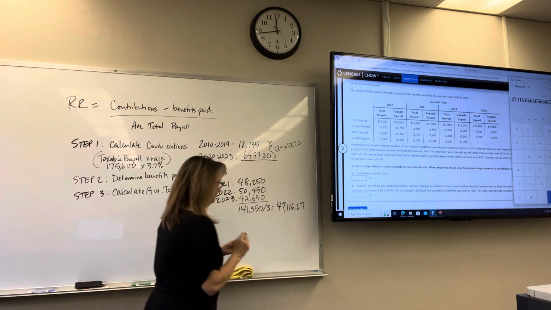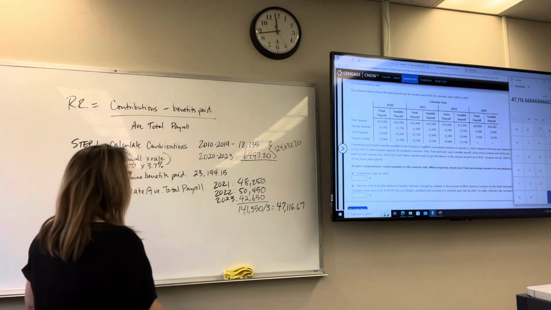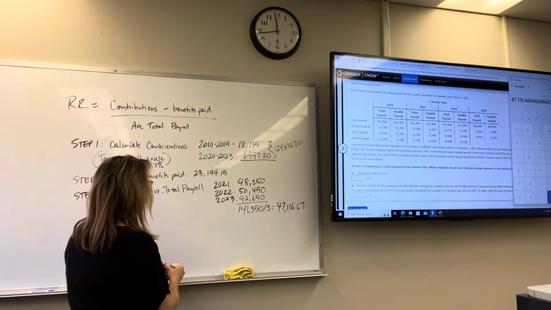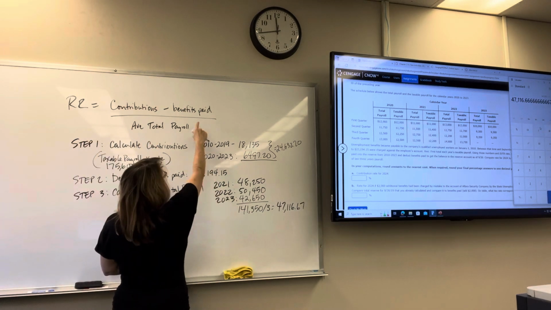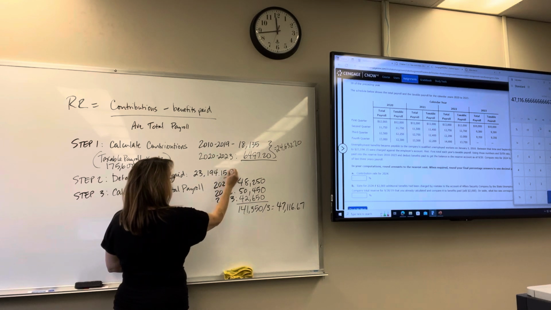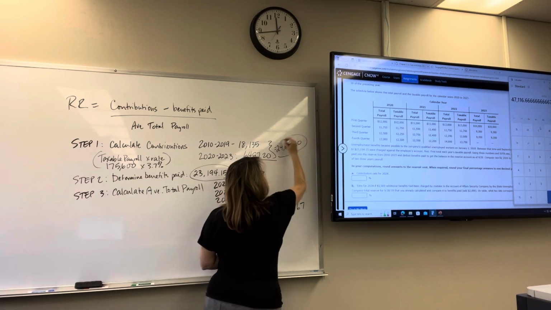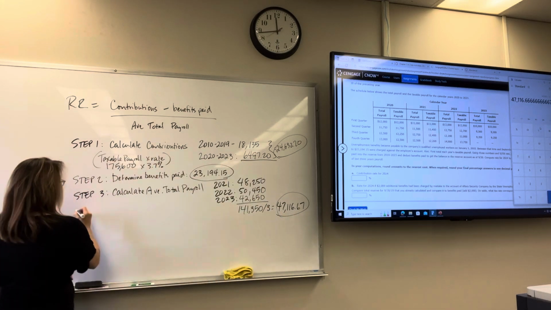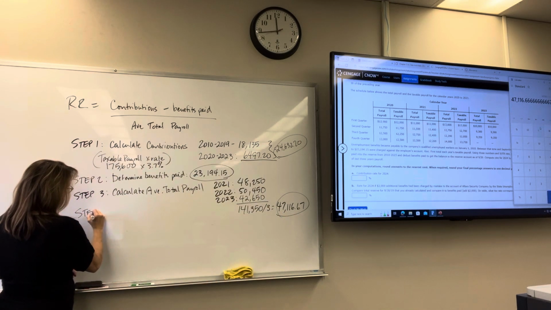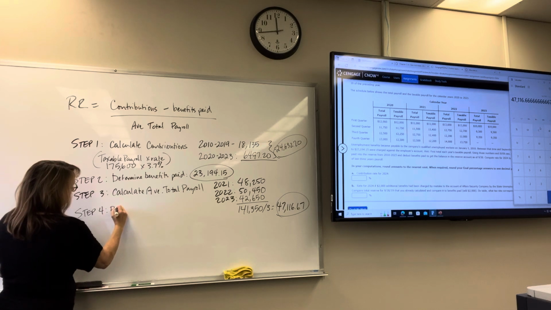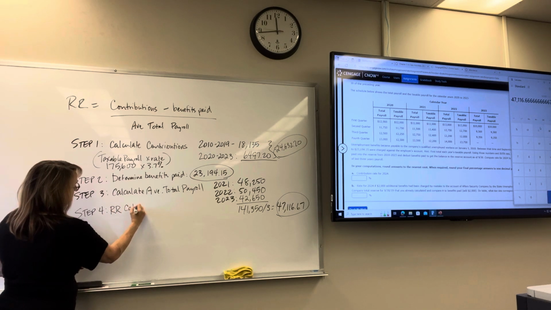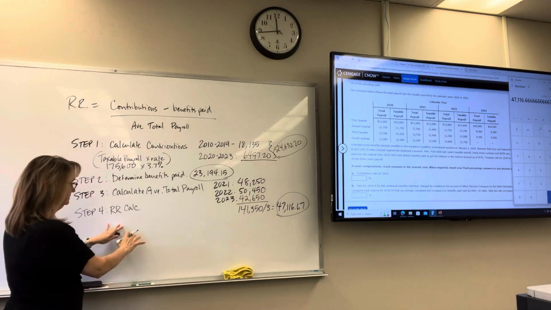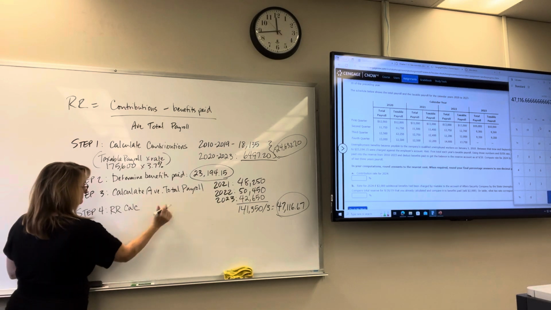All right. So now we have our 3 factors in order to complete our equation up here. All we have to do is plug it in. Step 4, reserve ratio calculation. All right, so we're going to take our, and I'm sorry, can everybody see this low? Apologize.